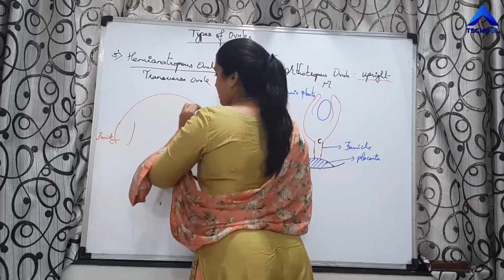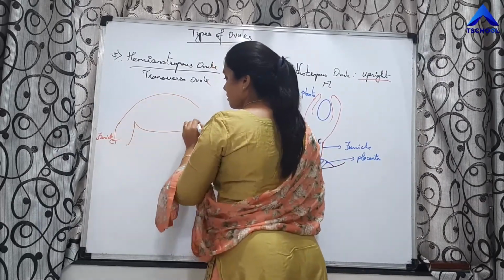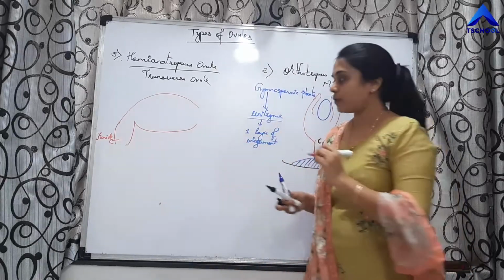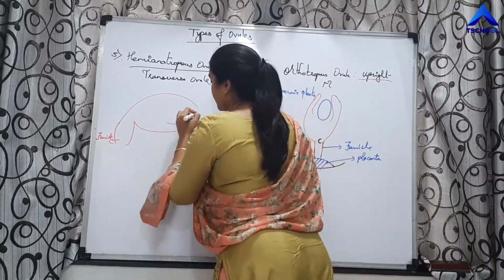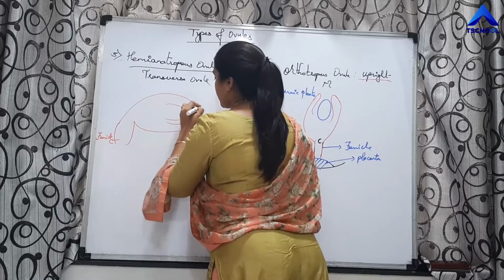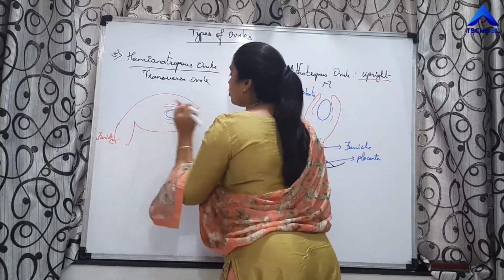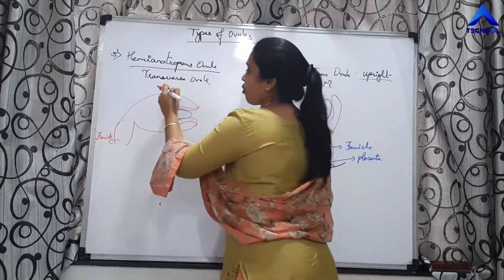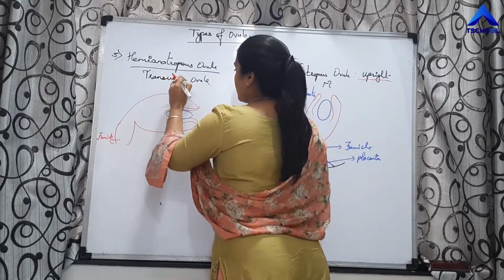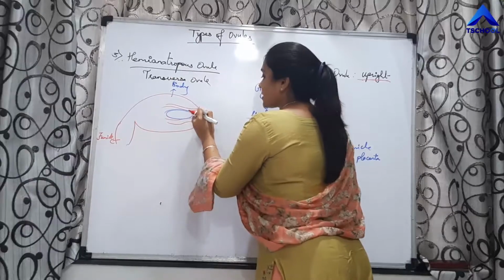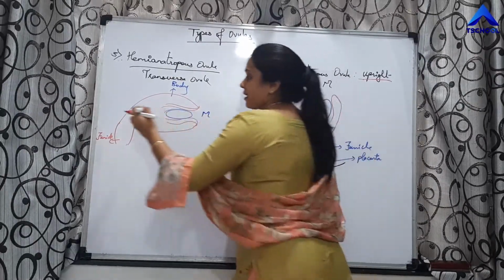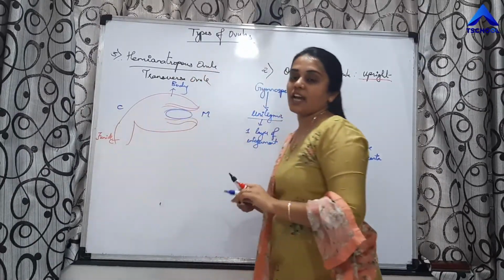So this is the body of the ovule. Again, these are the layers of integuments. Inside there is embryo sac, right? This end is micropyle end and this end is chalazal end.